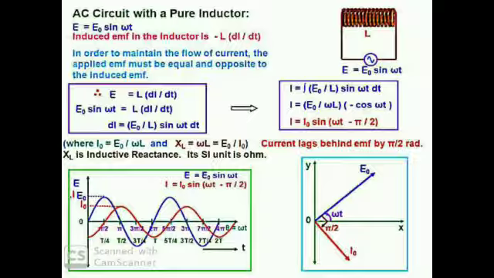Now the phase difference between the alternating EMF and its resultant alternating current through the inductor is pi by 2, and angles of lead are measured in the counterclockwise direction, angles of lag in the clockwise direction, that is shown in the figure.